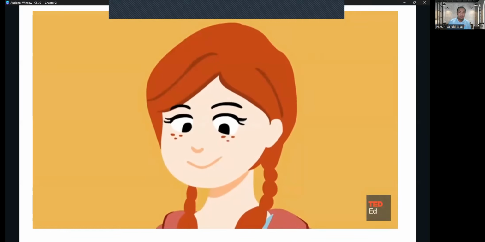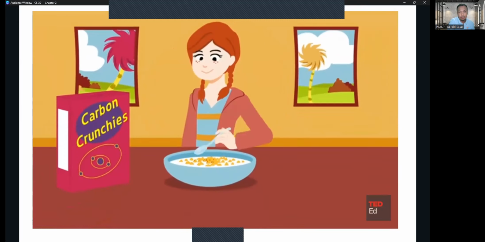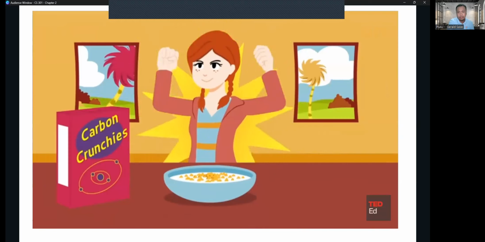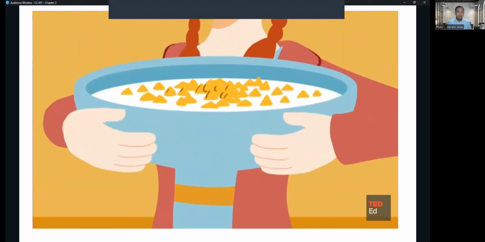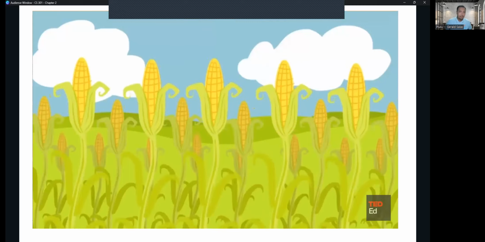You're facing a giant bowl of energy-packed carbon crunchies. 1 spoonful, 2, 3. Soon, you're powered up by the energy surge that comes from your meal. But how did that energy get into your bowl? Energy exists in the form of sugars made by the plant your cereal came from, like wheat or corn.